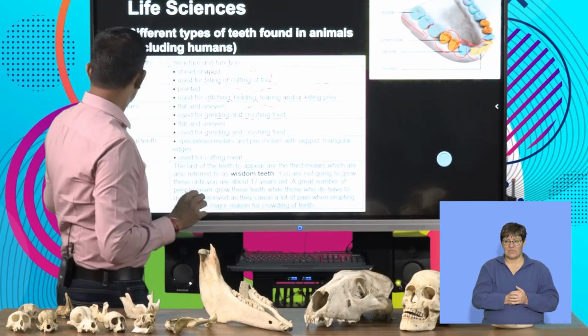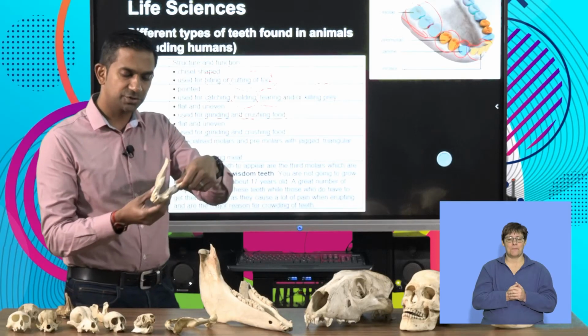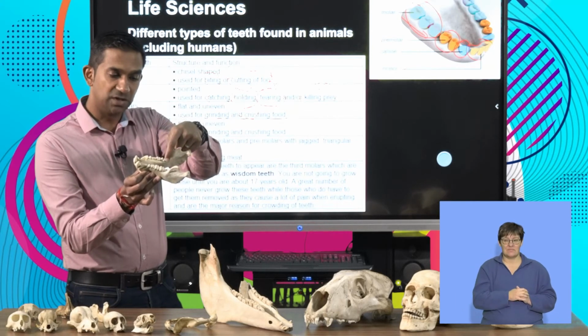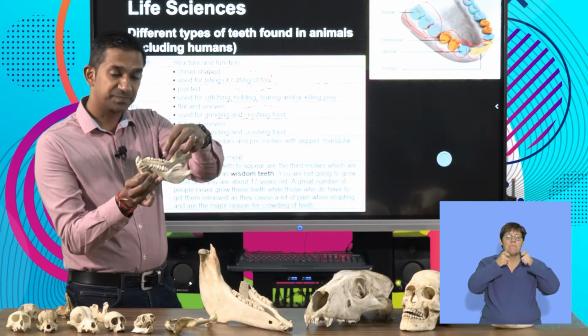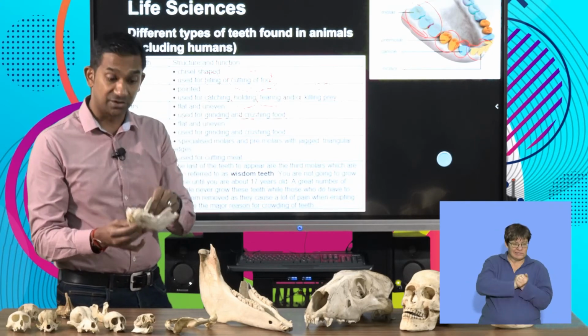Okay. The next set of teeth are the molars, and we see them right here. These are the larger, well developed teeth towards the back of the jaw. If we look at this lower jaw of a baboon, you can see that these molars are situated towards the back, large and well developed for crushing and grinding.